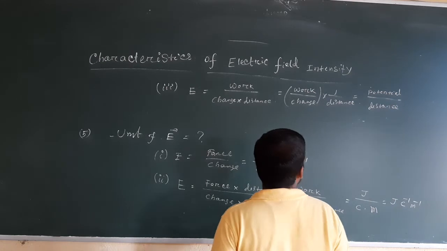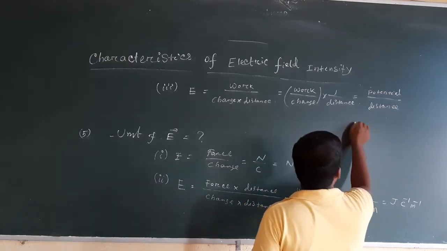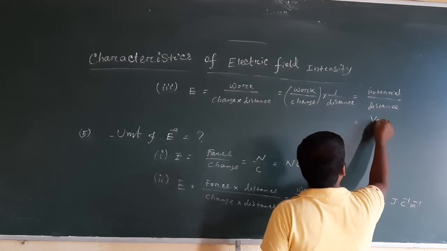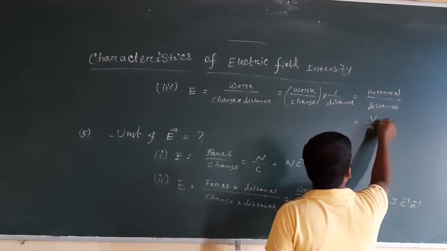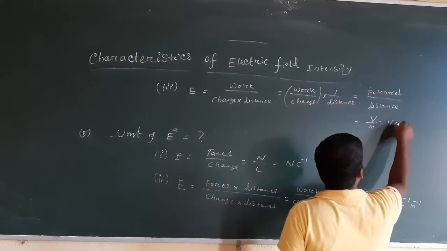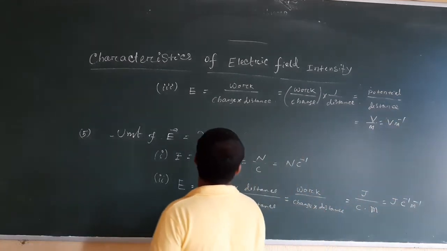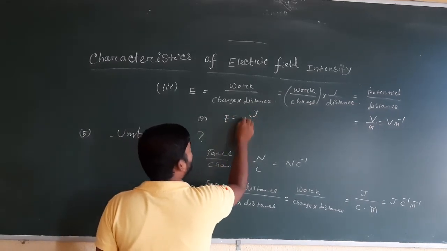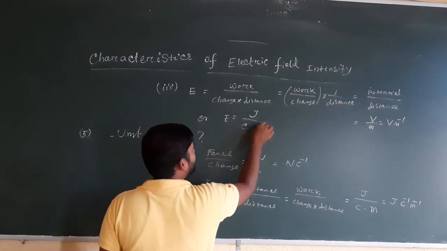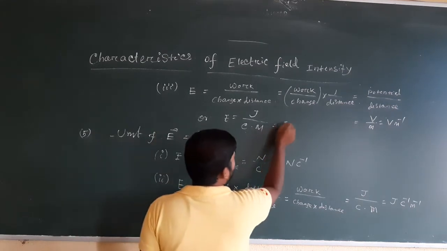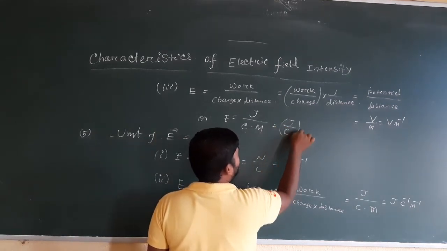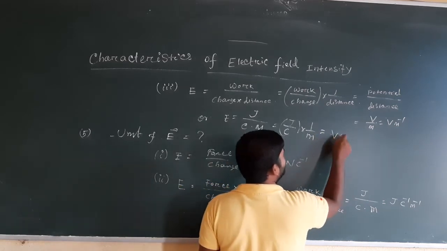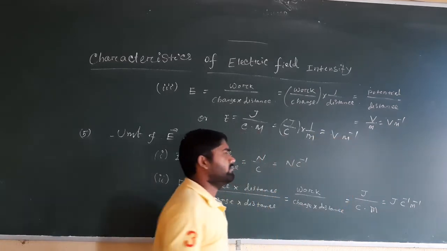So, potential divided by distance, and unit of potential is volt. Volt by distance. So, that is why we can say volt meter inverse. Or we can write here E equals joule by coulomb into meter, that is equal to joule per coulomb into 1 by meter, and joule per coulomb is volt, so volt into meter inverse.